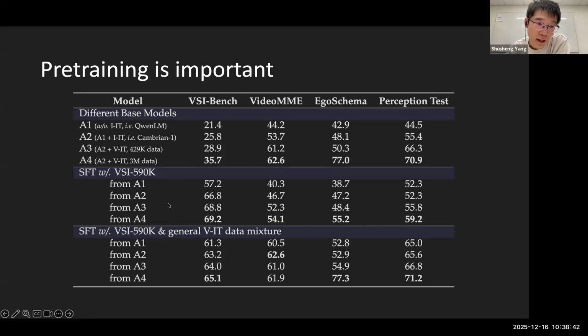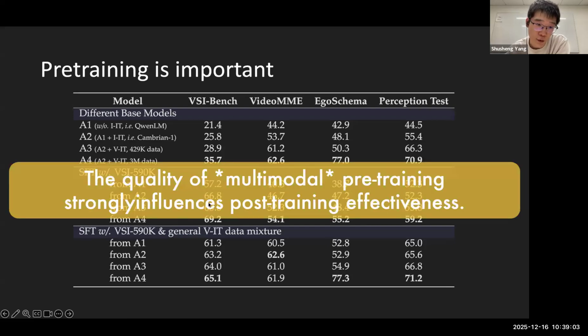And here we find that with better base video performance, from A1 to A4, we can see after fine-tuning, the performance is also increasing. So this suggests that the quality of the pre-training also influences the post-training effectiveness.